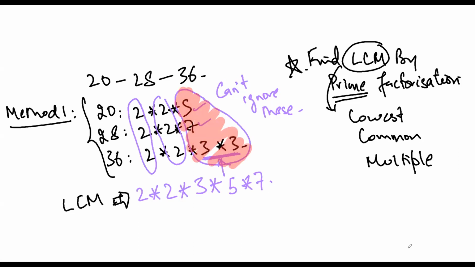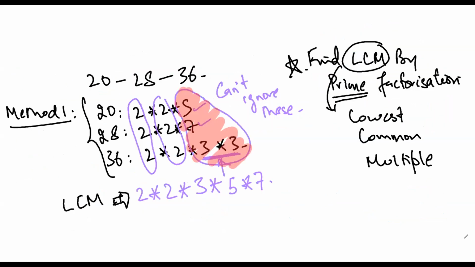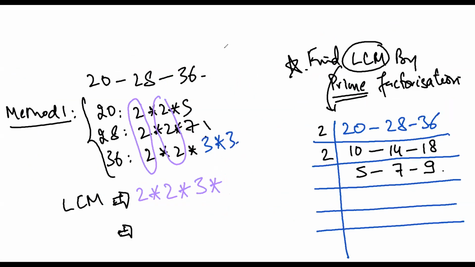See, when I was taking the HCF, I ignored all these numbers. But when I am finding the LCM, do I ignore these? No, sir. You can't ignore these. Where did I get this?